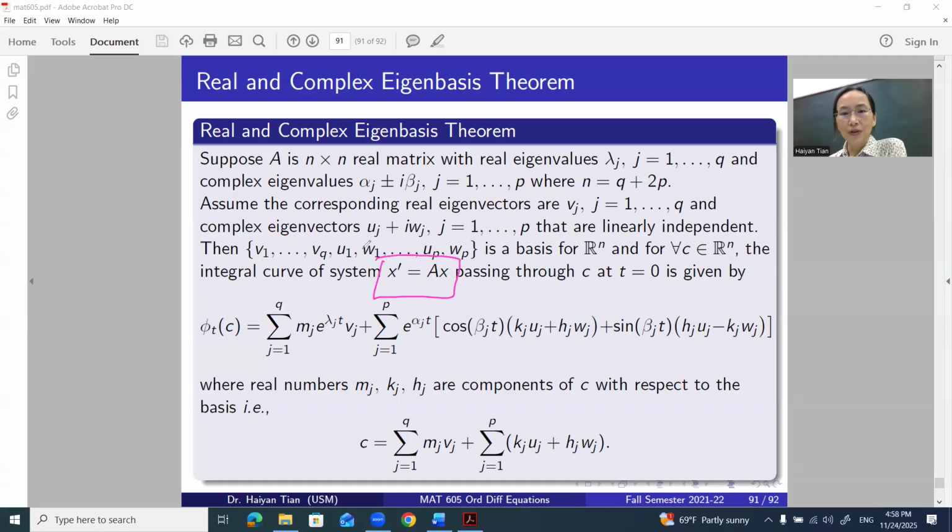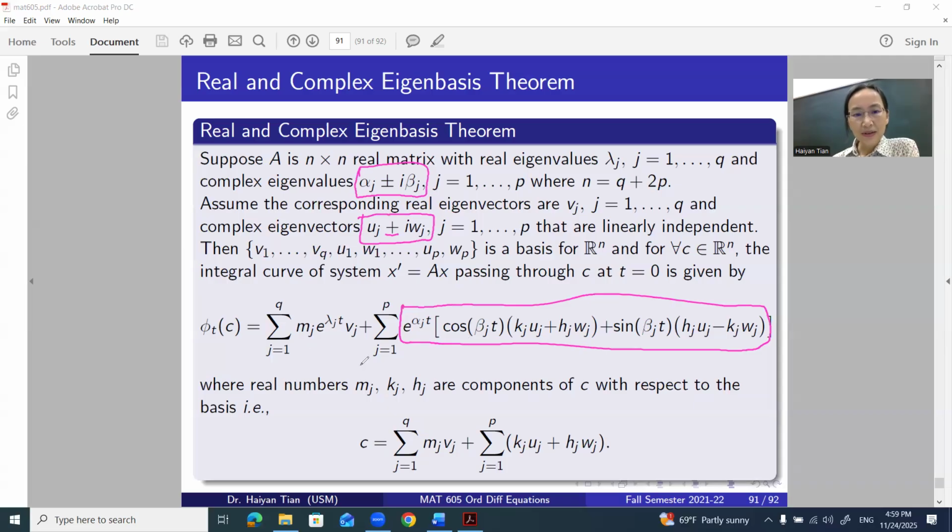Once we have this, we can represent a general solution. For the real eigenvalue and the corresponding real eigenvector, we have an integral curve of this form. And for the complex eigenvalue and complex eigenvector, we will be able to give solutions of this form.